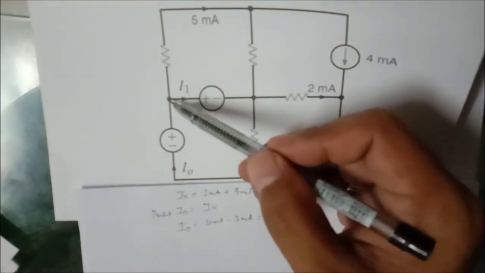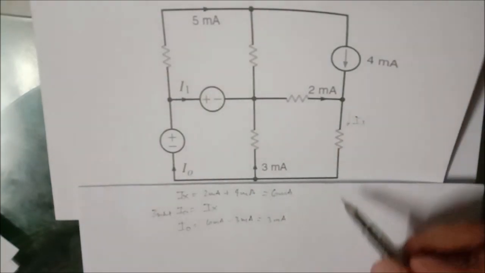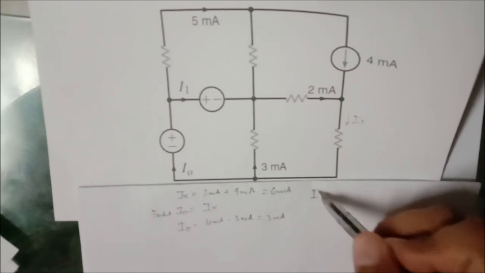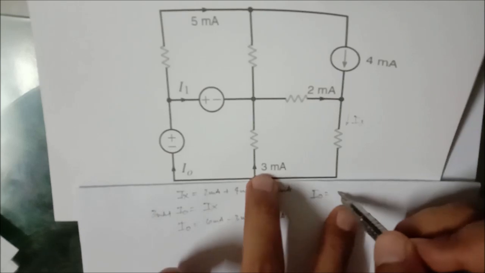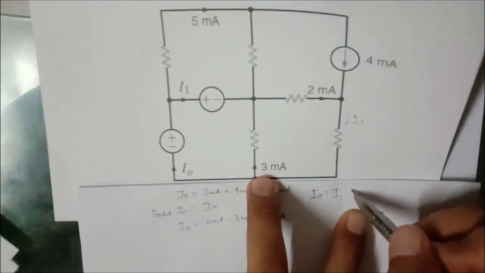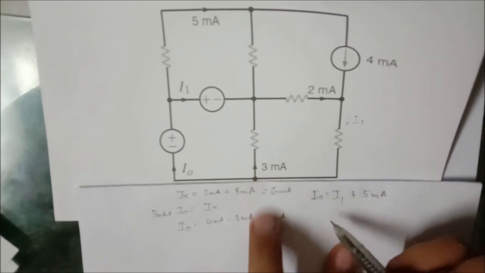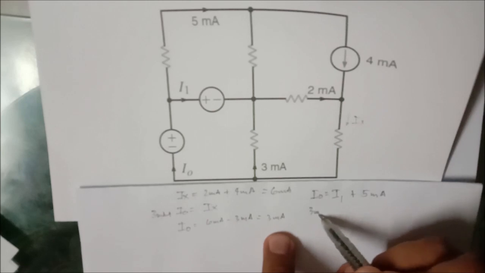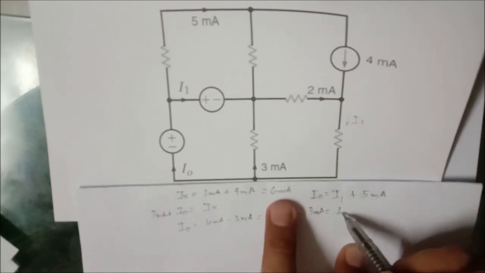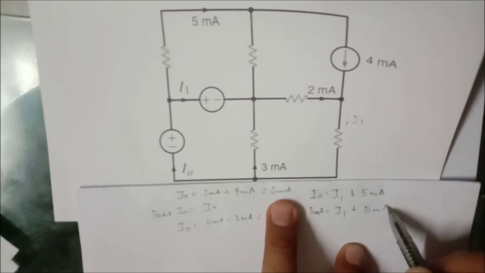So, dito, kung tayo mag-Kirchhoff's current law dito, KCL tayo doon. I sub O is equivalent to I sub 1. Lumabas din si 5 milliamperes plus 5 milliamperes. I sub O is equivalent to 3 milliamperes, equivalent to I sub 1 is hinahanap plus 5 milliamperes.